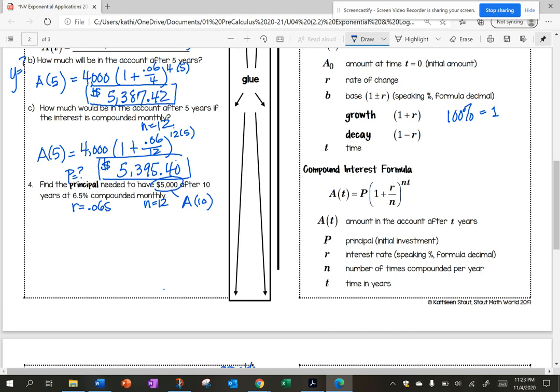So setting up my equation, A at t equals 10 is 5,000. And the initial amount, which is the principal, times 1 plus 0.065 divided by 12, to the 12 times 10.